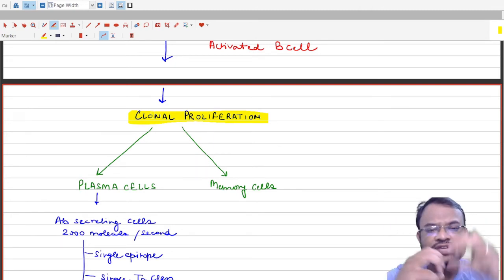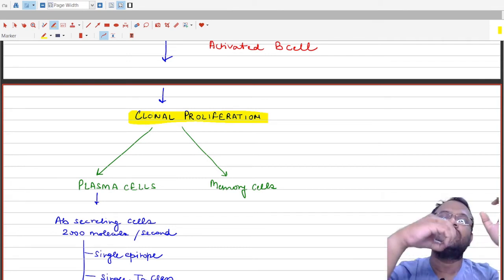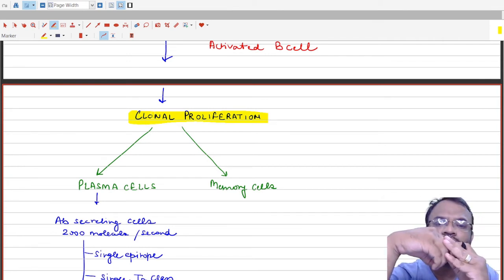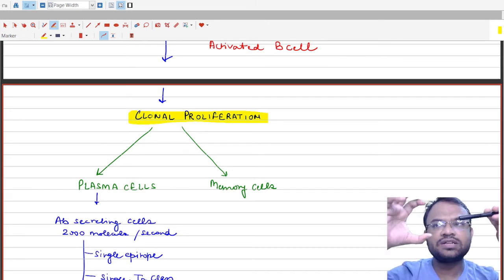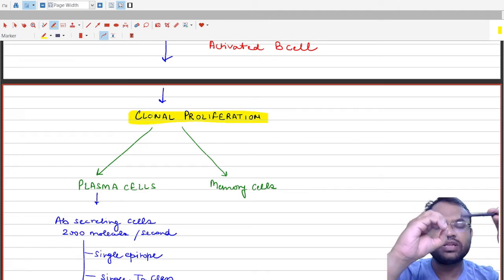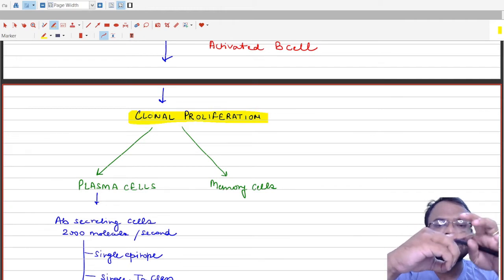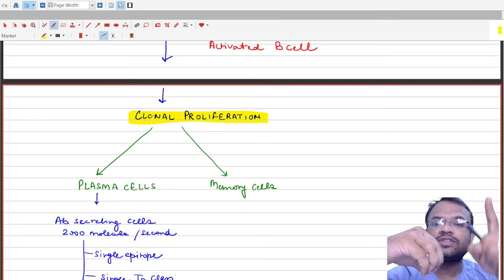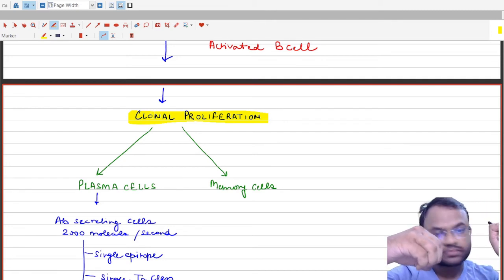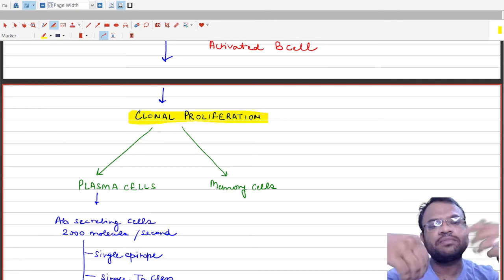There have to be copies of this B cell, because this antigen is recognized by this B cell only. That is why we have to make copies of this B cell, because it had the specific antigen property, right? So this will start multiplying.